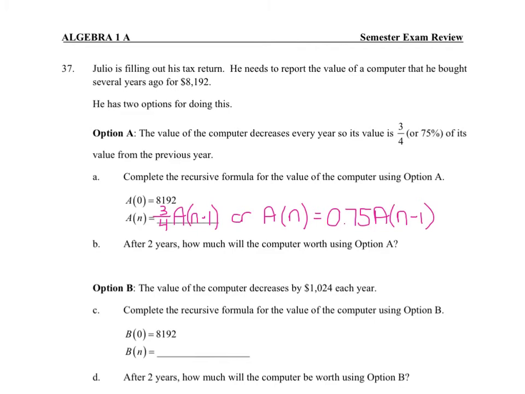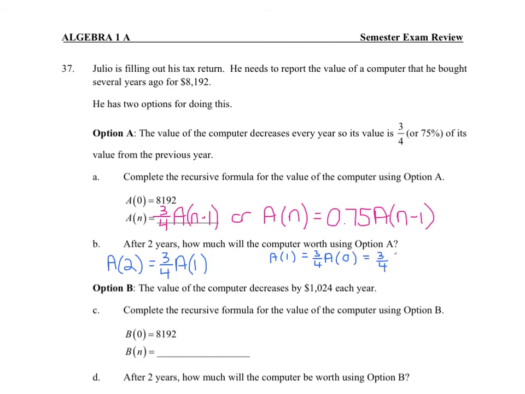Then after 2 years, how much will the computer be worth using option A? So we're looking at A of 2. Now we have to use the recursive rule: A of 2 is 3/4 times A of 1. But we don't know what A of 1 is. So A of 1 is 3/4 times A of 0, and A of 0 is 8,192.